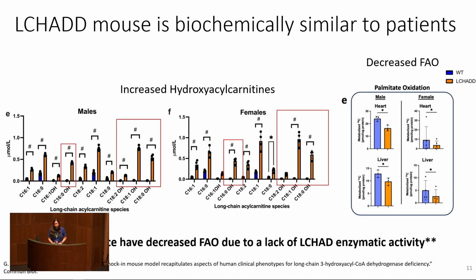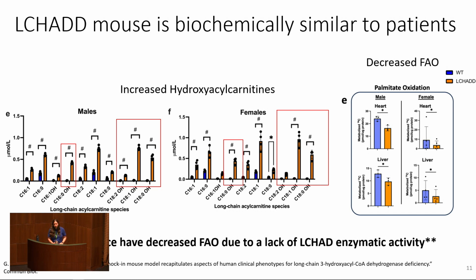We then wanted to make sure that this mouse was biochemically similar to patients. Specifically, we needed to make sure that this mouse had decreased long-chain fatty acid oxidation and a block in that LCHADD enzymatic activity, which resulted in the accumulation of hydroxyacyl-carnitines.